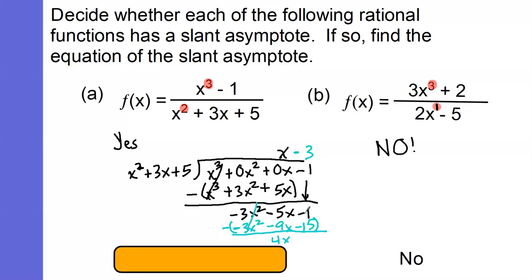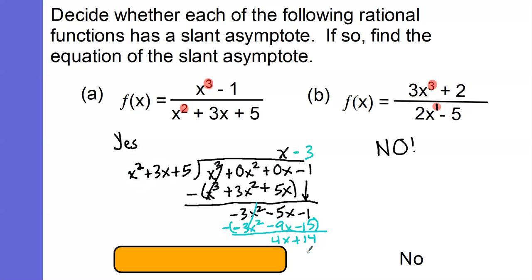And negative 1 minus negative 15 would be the same as negative 1 plus 15, which would be plus 14. At this point, because my degree here is smaller than my degree of my divisor, I know that this is actually my remainder.